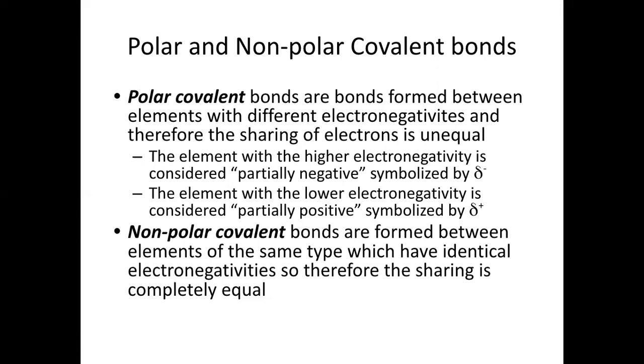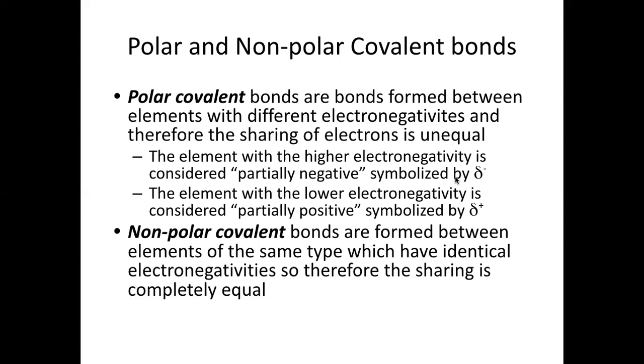The element with the higher electronegativity is considered partially negative, and we will denote that using this symbol here. It's like a little S type symbol with a minus. And then the element with the lower electronegativity is considered partially positive. So this is the same symbol with a little plus sign. So positive and negative, partially.